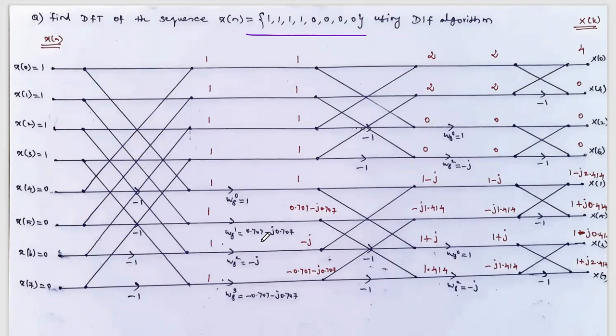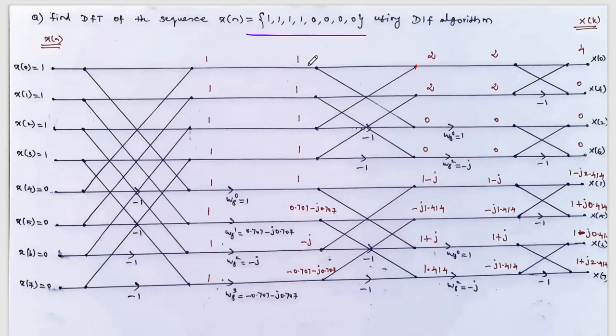Already you know, 0.707 minus j 0.707. So 1 multiplied with this gives 0.707 minus j 0.707. Here 1 multiplied with W8 power 2, whose value is minus j, so minus j. Similarly, 1 multiplied with W8 power 3, so the W8 power 3 value appears here. So the input is calculated.